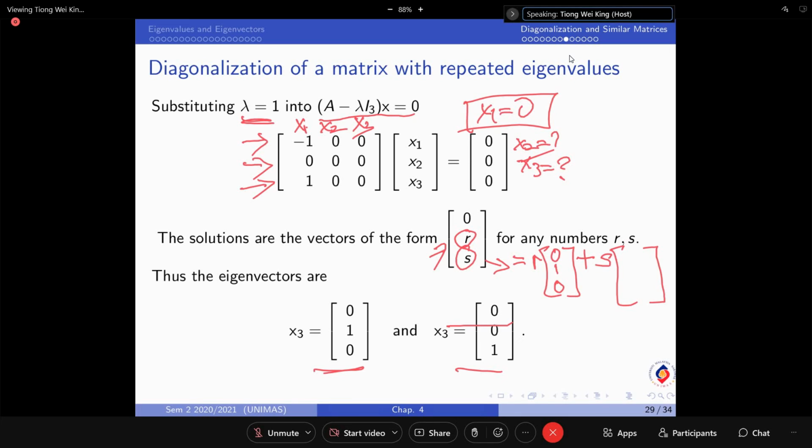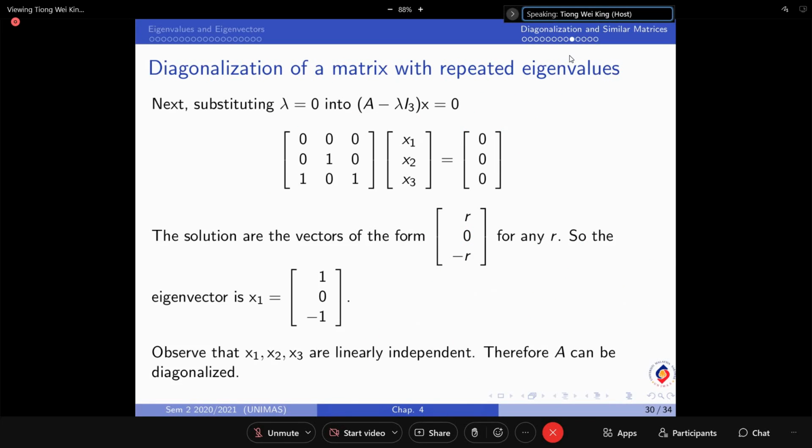And for S, you will get 0, 0, 1. So if you do the factorization, you will straight away get two linearly independent eigenvectors for lambda equals 1.